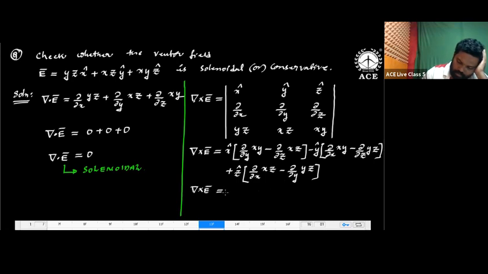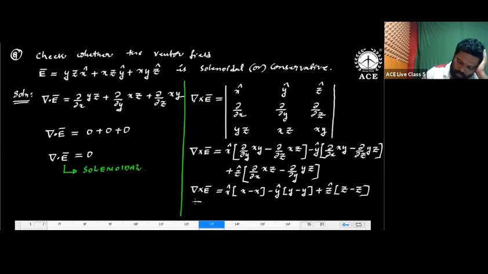Del cross E is equal to x cap into, after differentiation, x minus x, minus y cap into y minus y, plus z cap into z minus z.